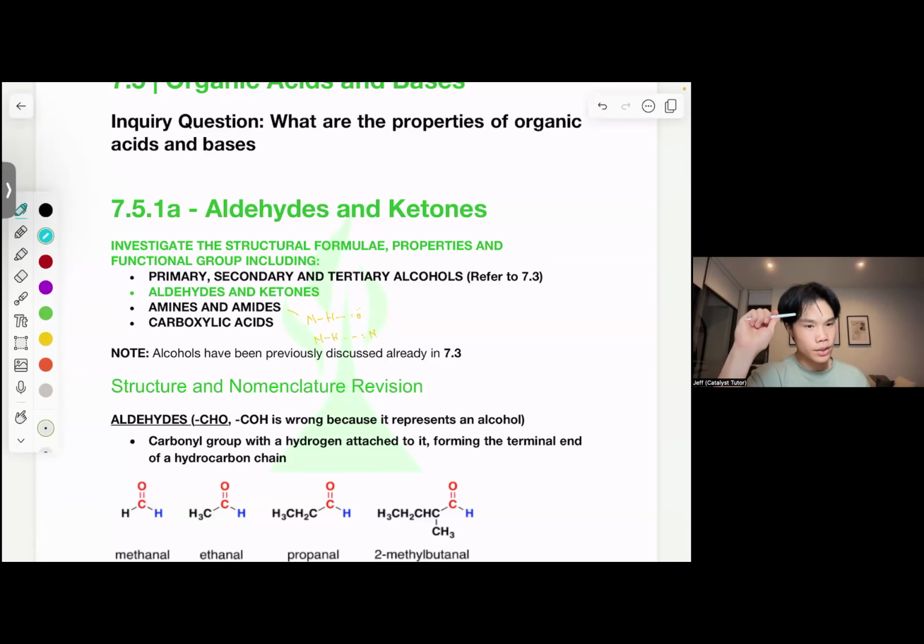Dipole-dipole. Anything else? H bond. Controversial, but I like it.